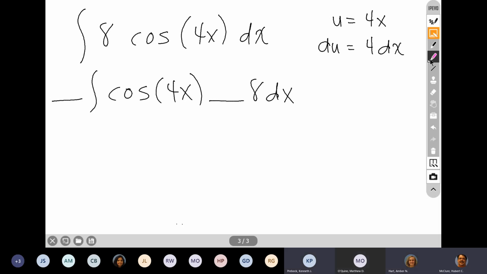Multiply by 1/2. Half. And if you multiply by 1/2, you multiply the outside by 2. Y'all getting on to this. Good job.